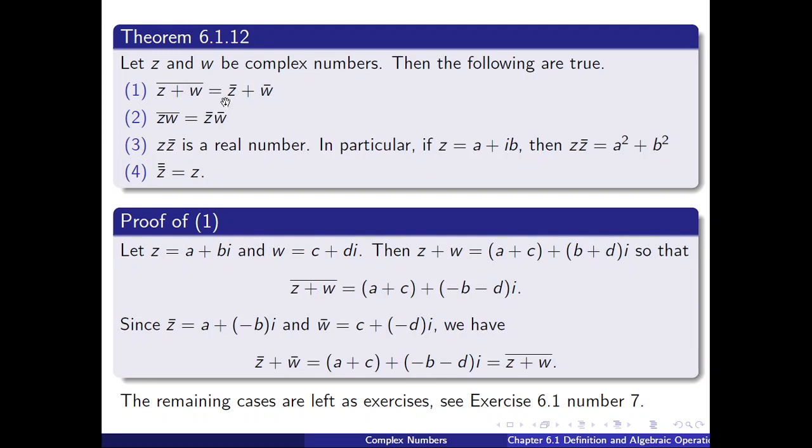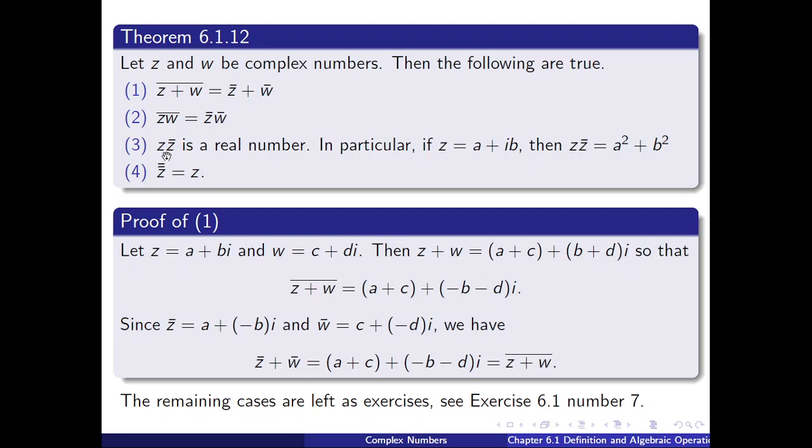Let's see, and we have some properties of conjugate complex numbers, right? So let z and w be complex numbers, then the following are true. If we take the conjugate of z plus w, it is just equal to the conjugate of z plus the conjugate of w. And the conjugate of the product of z and w is just going to be equal to the conjugate of z times the conjugate of w.